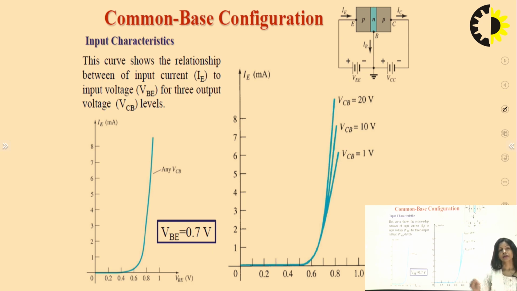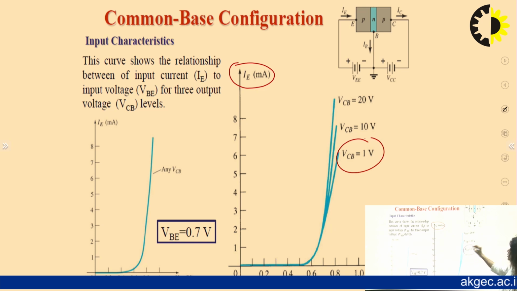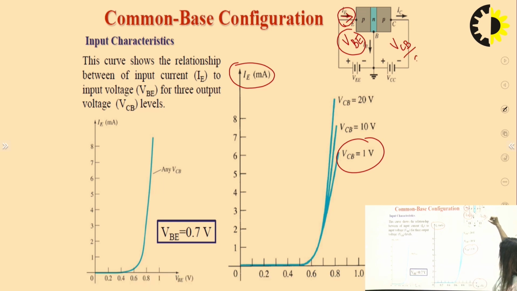So if we are interested in drawing the input characteristics of the BJT, we draw a graph between input voltage VBE and input current IE, keeping the output voltage constant.